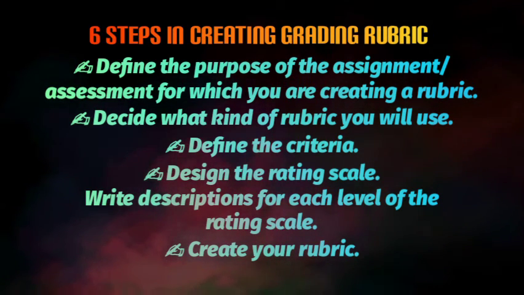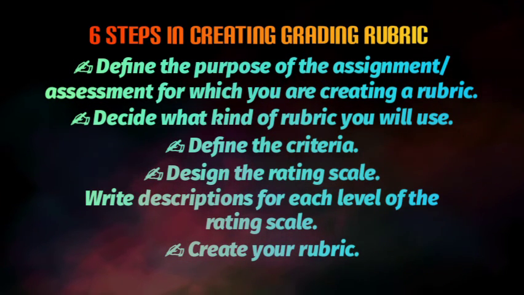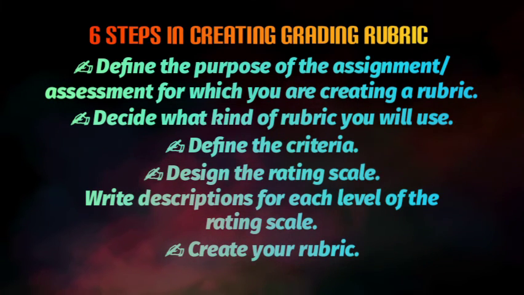Consider the effectiveness of your rubric and revise accordingly. After you use the rubric, analyze the results and consider its effectiveness, then revise accordingly. And these are the steps that you need to follow in order to create an effective grading rubric.